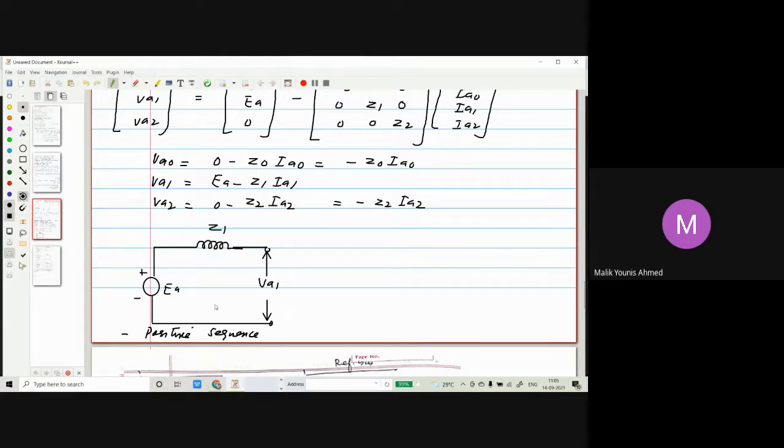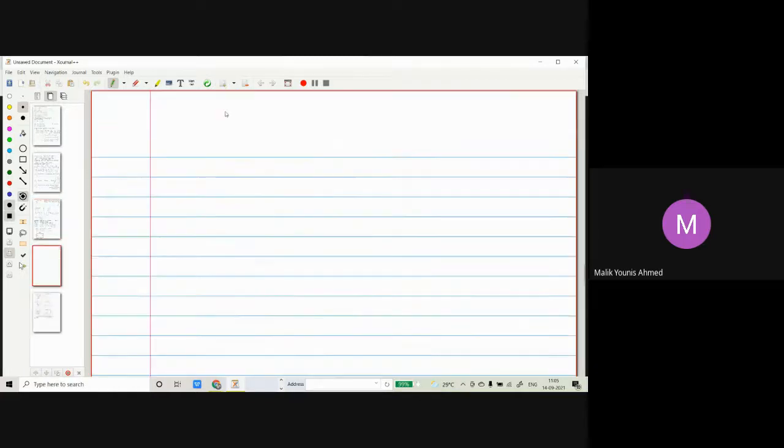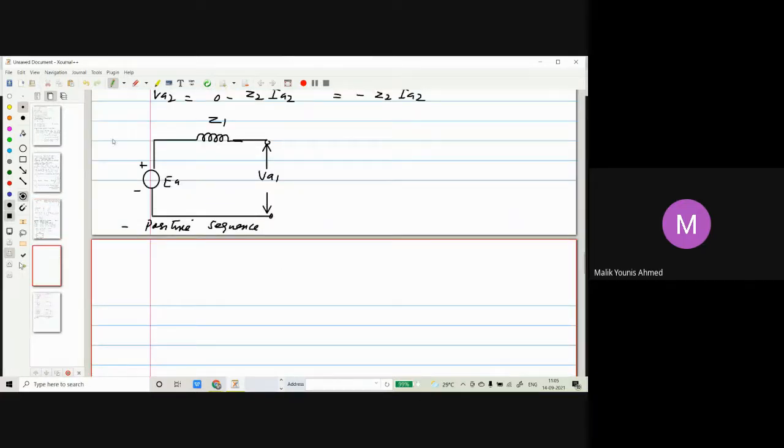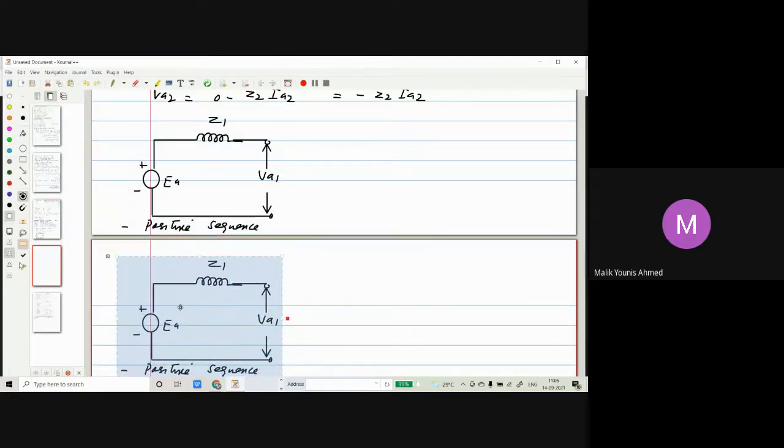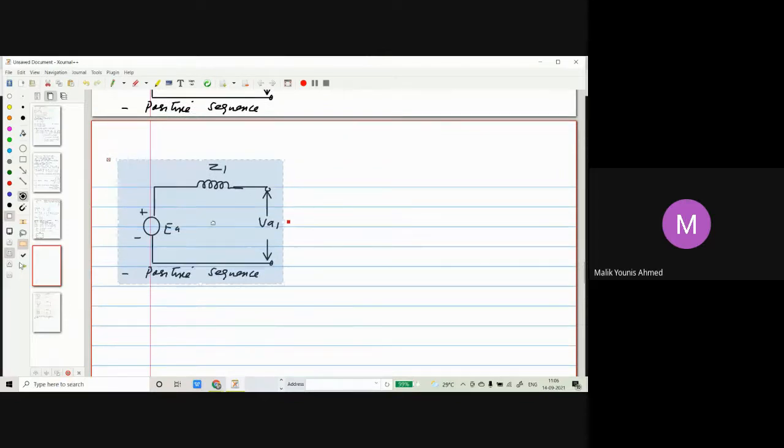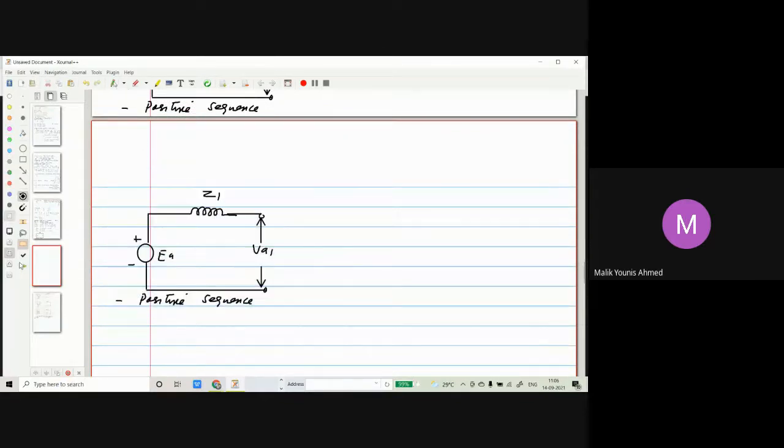Okay, so add a page here and let us copy this. Copy and paste it here. So what will be the change in the negative sequence? The change in the negative sequence will be no voltage source.